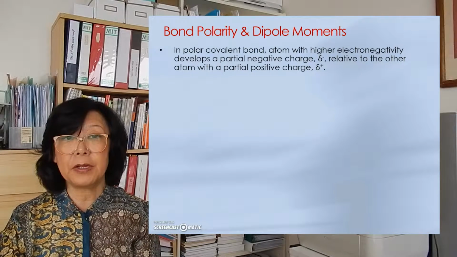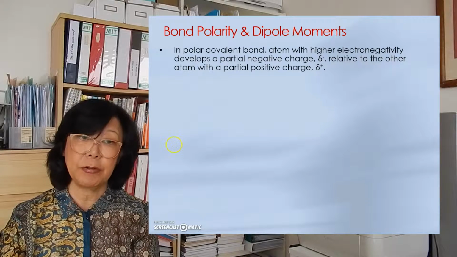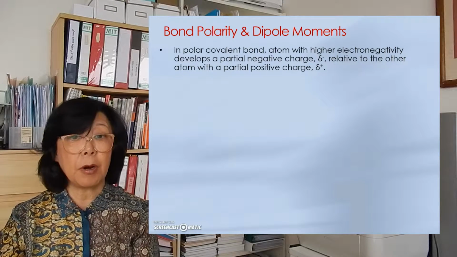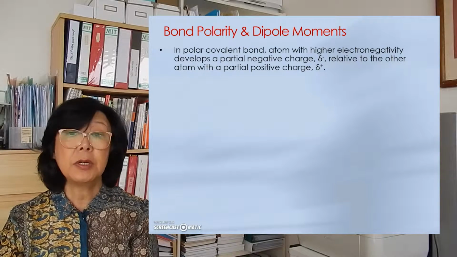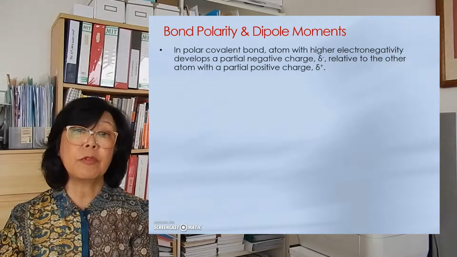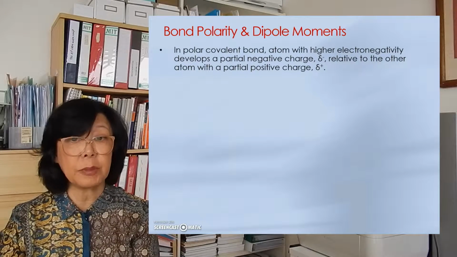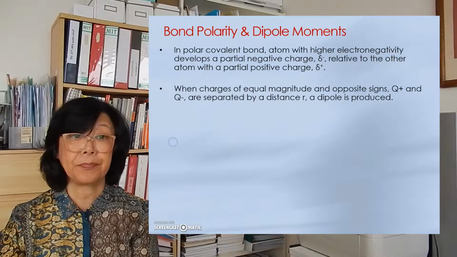In the polar covalent bond, the atom with higher electronegativity develops a partial negative charge represented by delta negative relative to the other atom with a partial positive charge represented by delta positive.